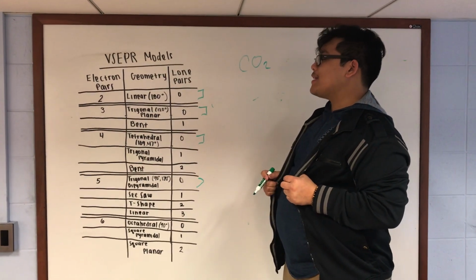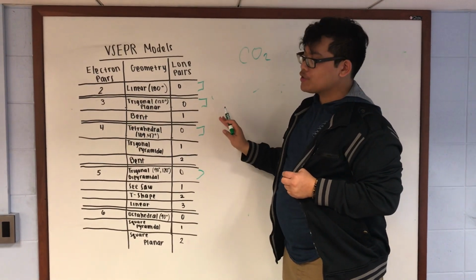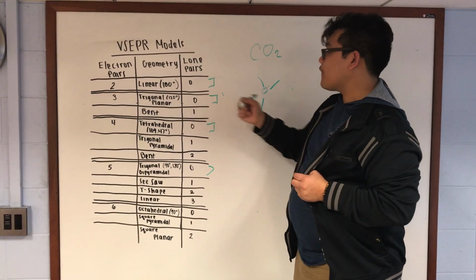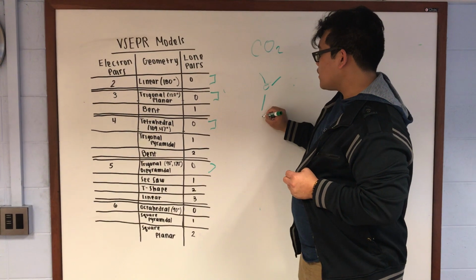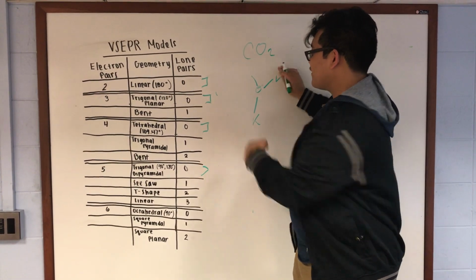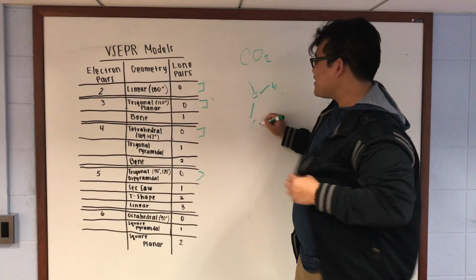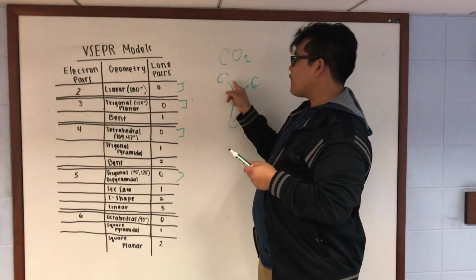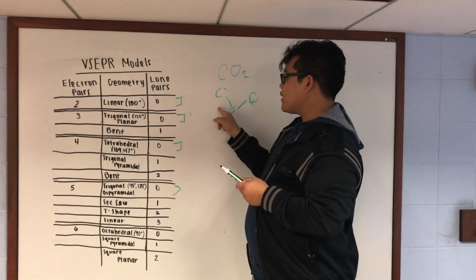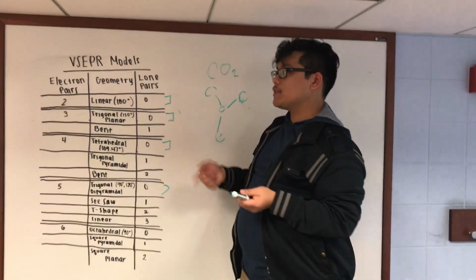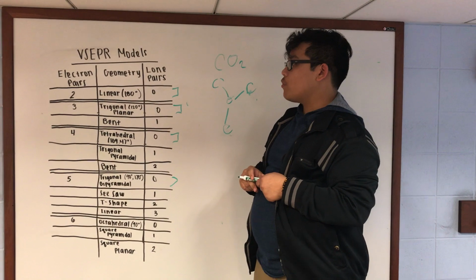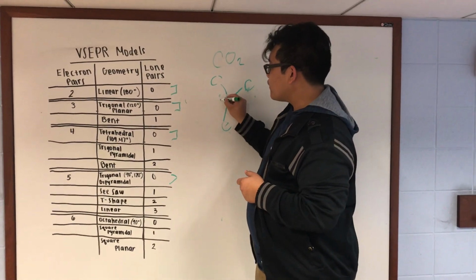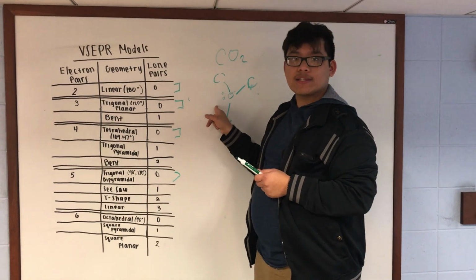The next one is trigonal planar. Trigonal planar is basically what it says, three different pairs. So let's do C, C, C. When you have three different pairs, it's trigonal planar, and it will be bent if it has a lone pair like this.